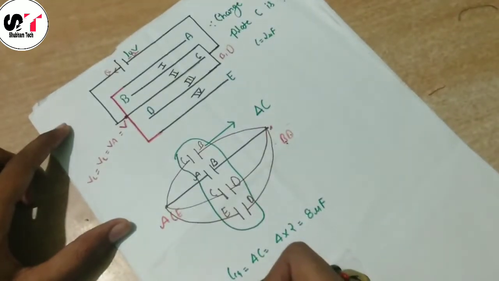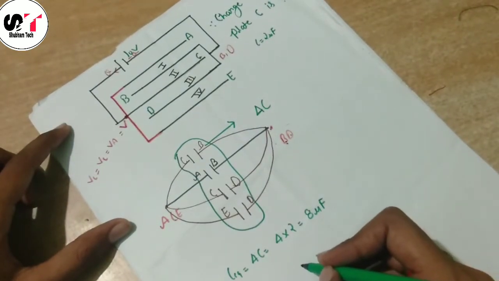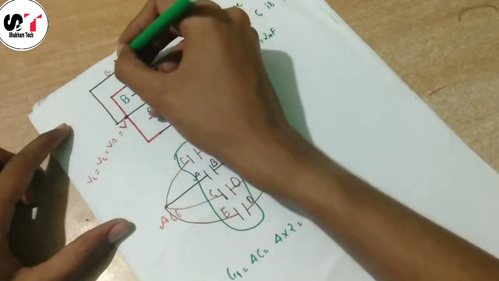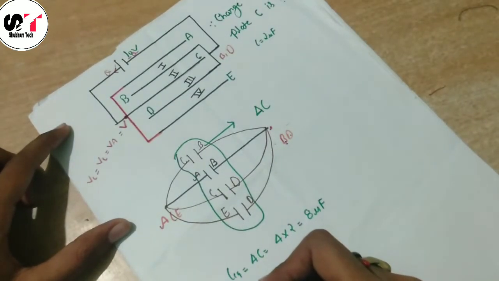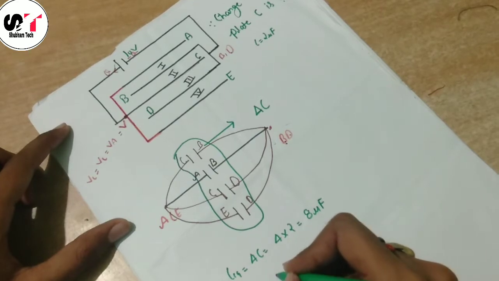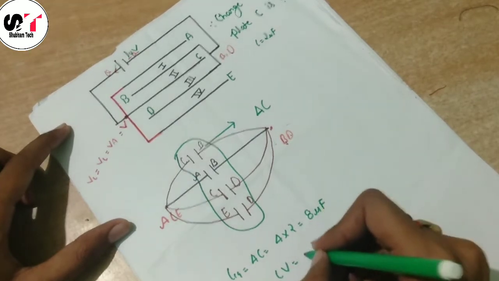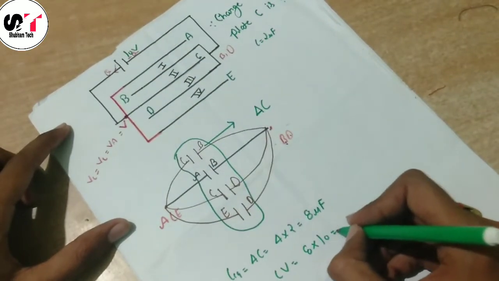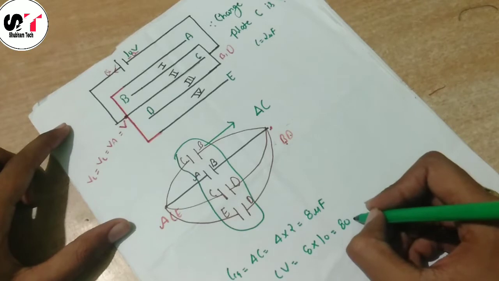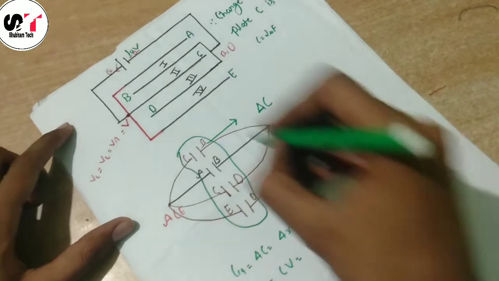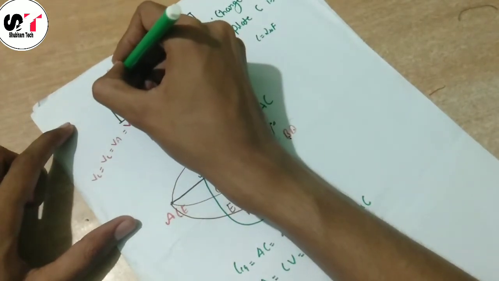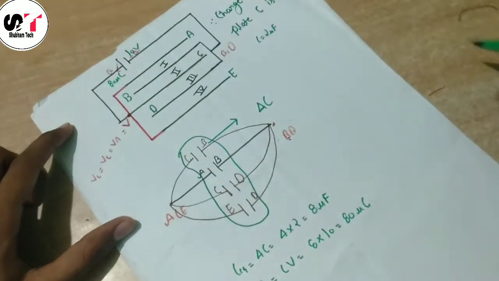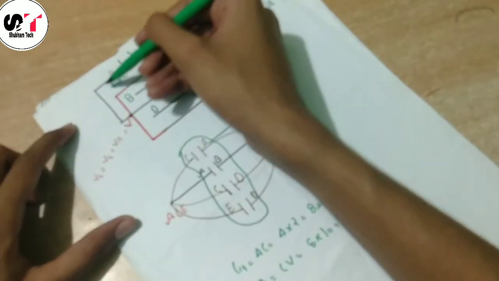So now we have to determine which amount of charge flows from the battery. The formula is Q equal to CV. C is 8 microfarad, value of V is 10, so 80 microcoulomb flows from the battery.